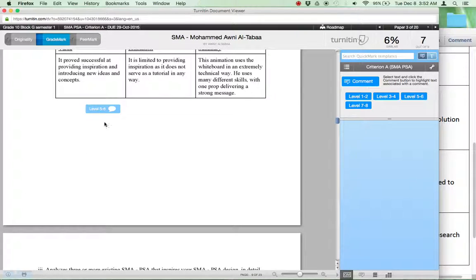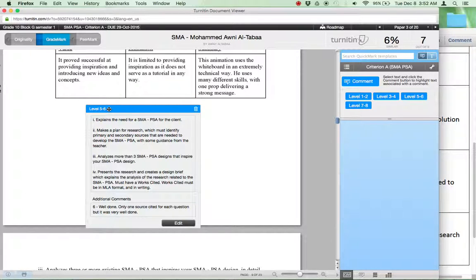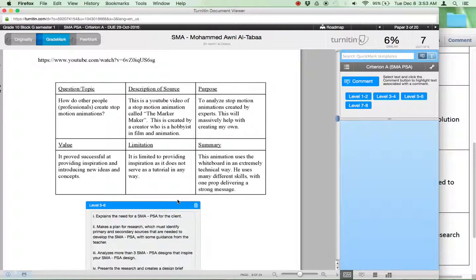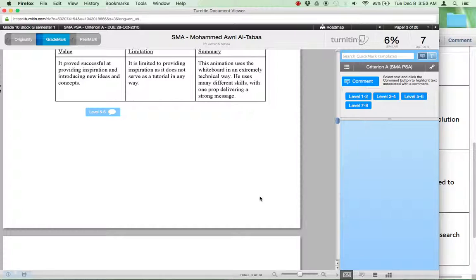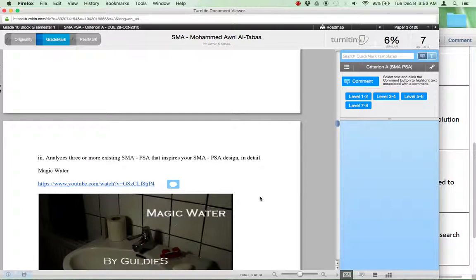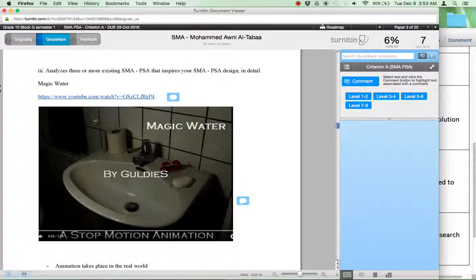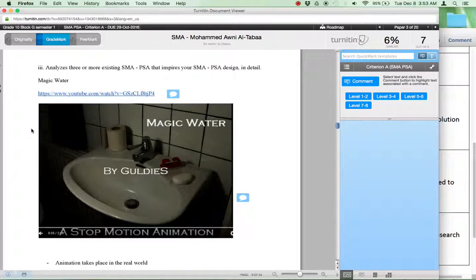So this was really good. He got a 6, only because he didn't have that second source. But most students usually get a 6 right here. If you had both sources and you nailed everything down, as in no empty boxes, you're looking at a 7 or 8. If you perfect it, you'd have an 8. Alright, jumping down to strand 3.